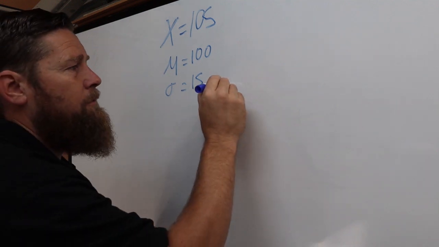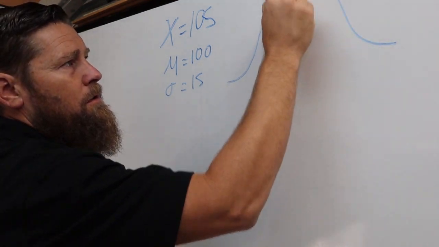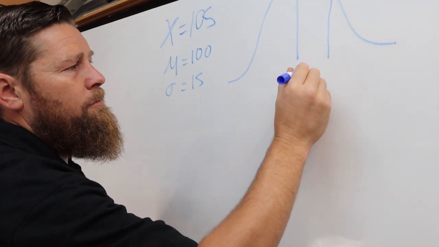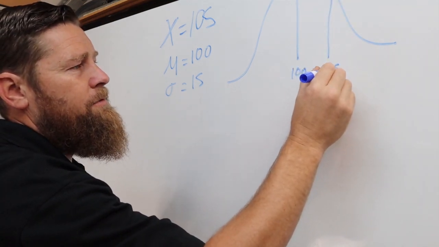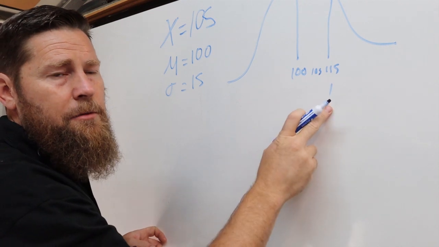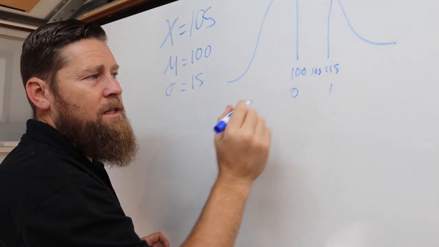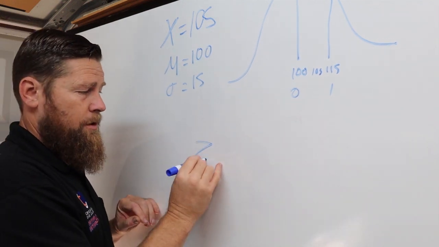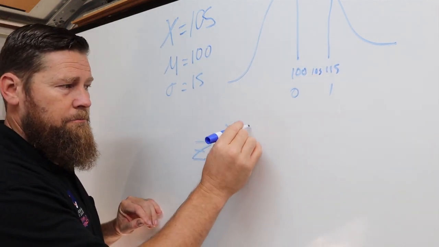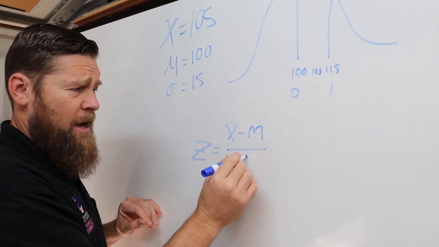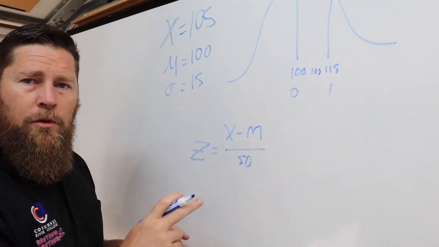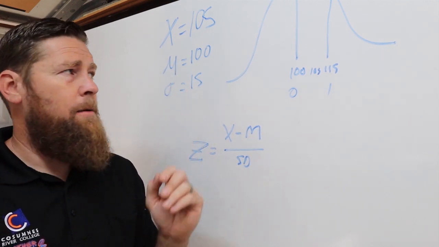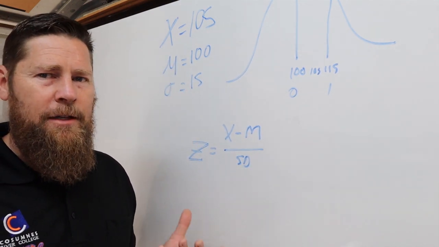So we can draw this out. Average is 100. I'm at a 105. Not 115. That's one standard deviation above the mean. This is 0. So what's the z-score for my IQ? The z-score is equal to x minus mean divided by standard deviation. Note, when we're considering a population with the mu and the sigma, it's the same exact scenario.